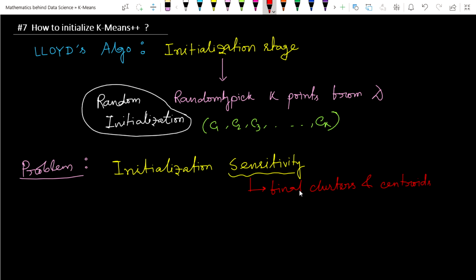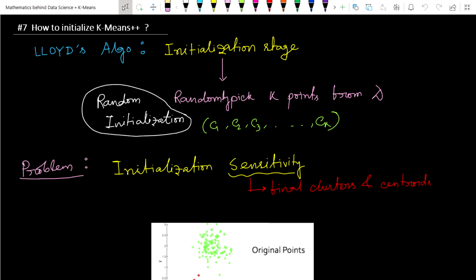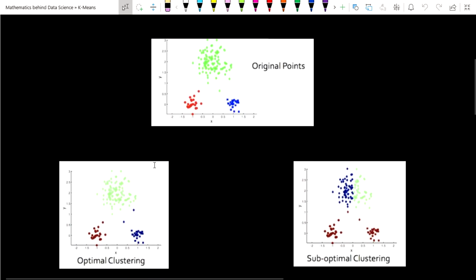This is the main problem: on every run we get various kinds of cluster structures. Let's see this through an example, for better understanding.